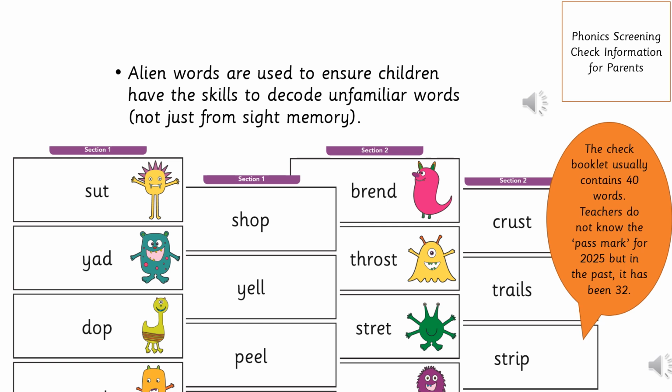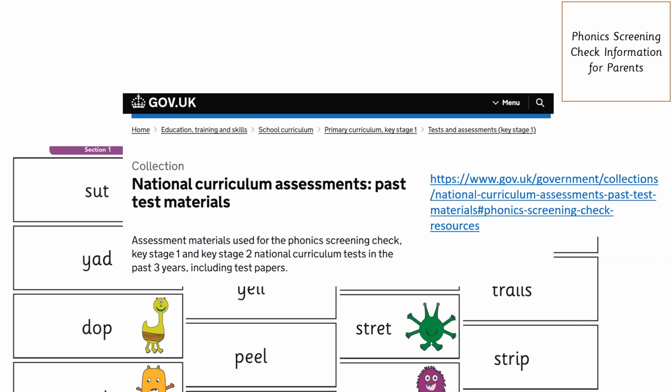The Phonics Screening Check is usually made up of 40 words. Teachers do not know the pass mark for 2025, but in the past it has always been 32 out of 40. The Gov.uk website has lots of past test materials which can be downloaded.